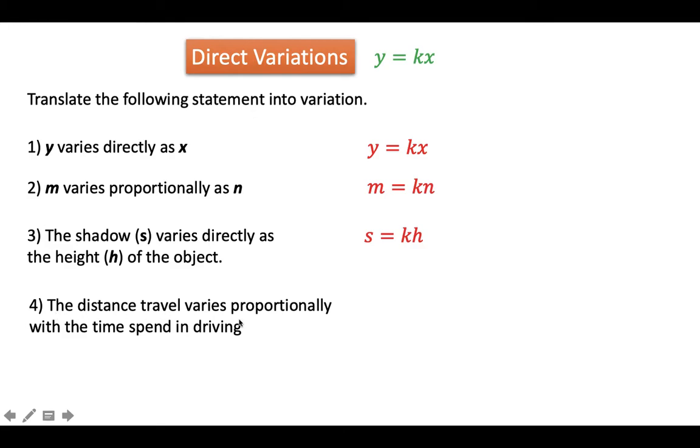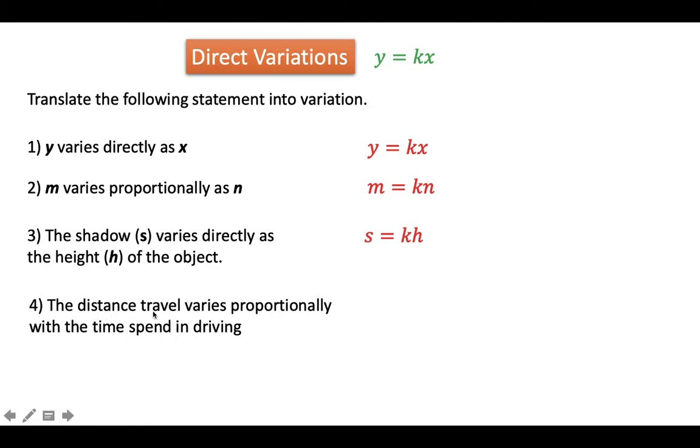Number 4: the distance traveled varies proportionally with the time spent in driving. In this case, a variable is not given, so we think of any variable, but we need to identify first where the two quantities are. They are the distance traveled and the time spent in driving.